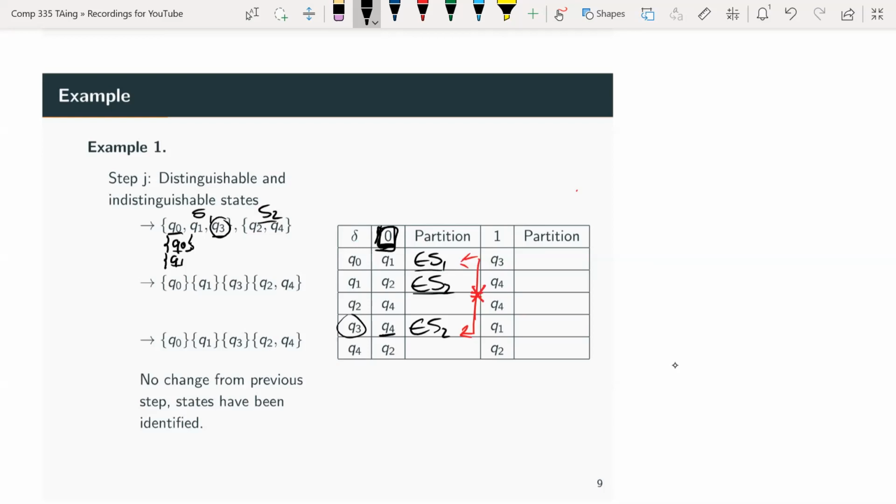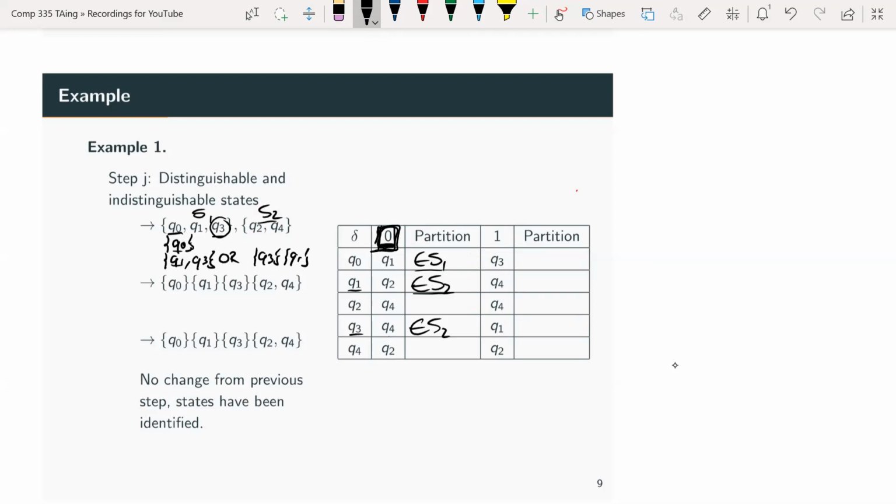Okay. So now I have two options. Either Q1 is going to go with Q3, or Q3 is going to be alone and Q1 is going to be alone. To check that, I need to check whether Q1 and Q3 are indistinguishable or distinguishable. So again, I'm keeping the partitions because for now they're the same. Now I'm going to compare Q1 and Q3.